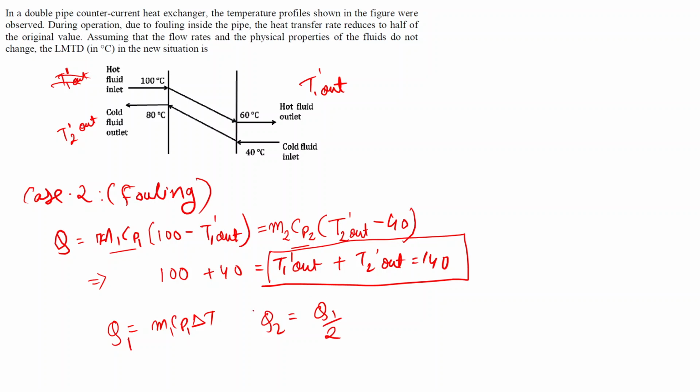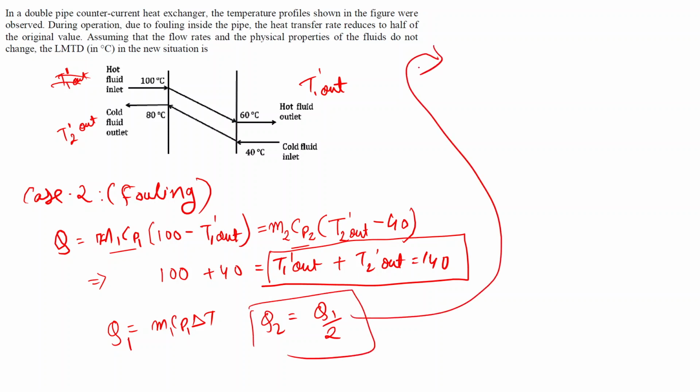So using this correlation, for Q2 it will become M2 Cp2 into T2 dash out minus 40 is equal to M1 Cp1 into half of the delta T, which in both of these cases was 40.